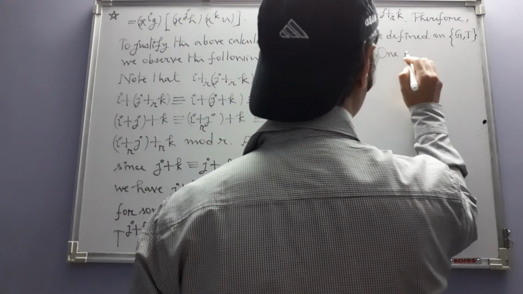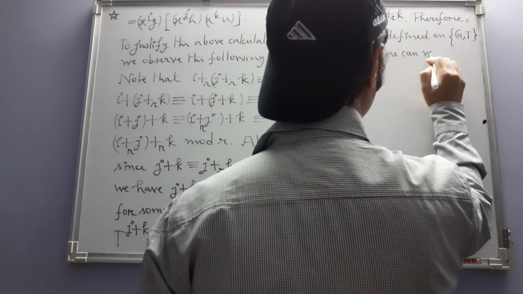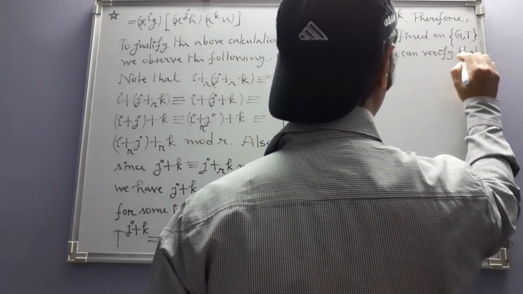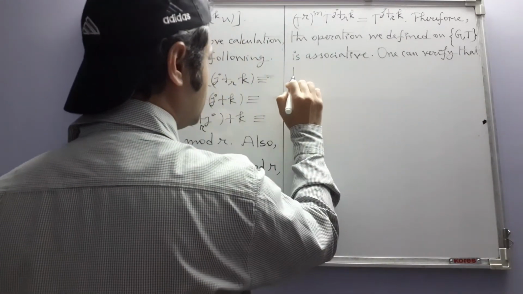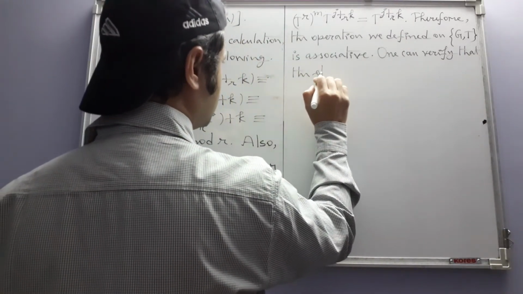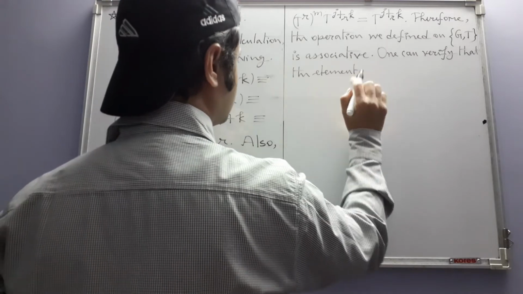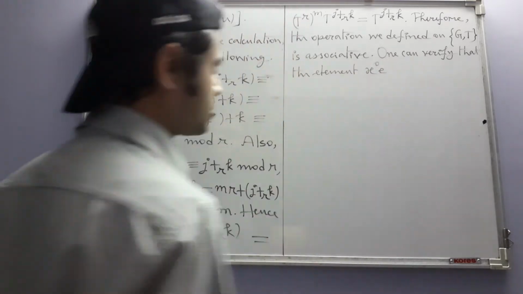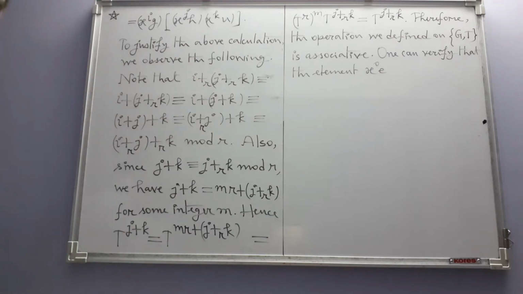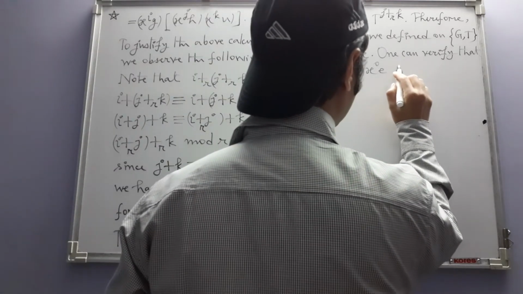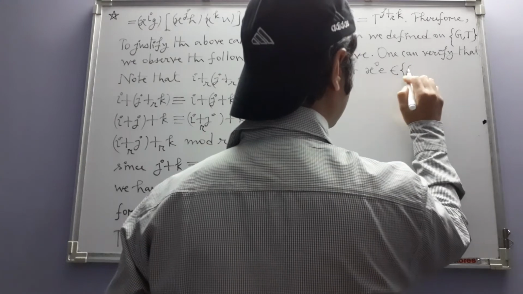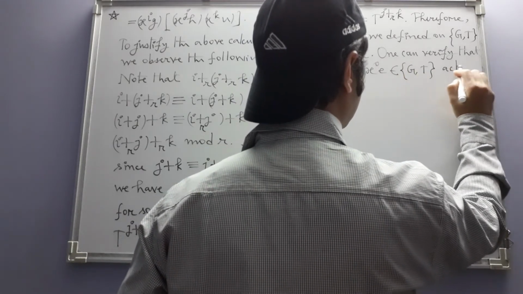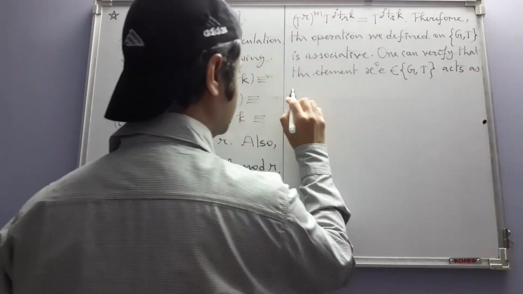One can verify that the element x to the power 0 times e in g comma t acts as an identity.